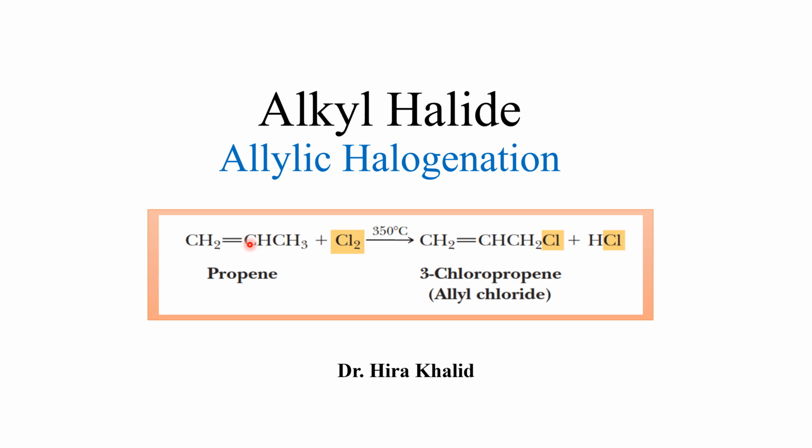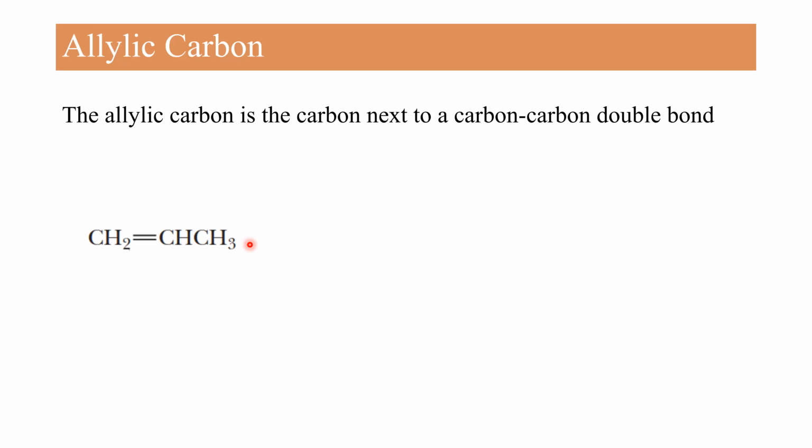Now moving to the next point, the first thing is what the allylic carbon is. The allylic carbon is the carbon next to a carbon-carbon double bond. If we look at this example, this is propene, and in the more detailed IUPAC name, this is prop-1-ene.